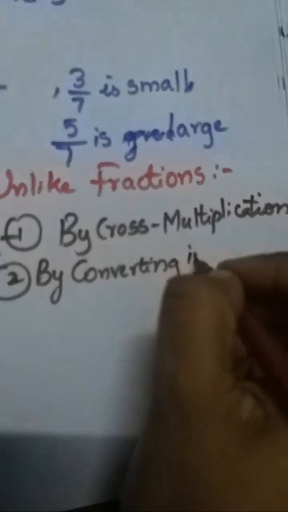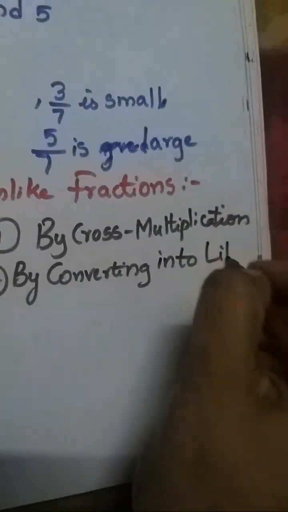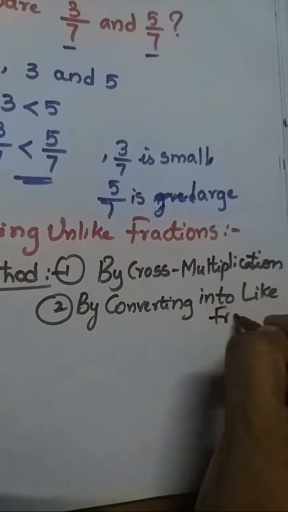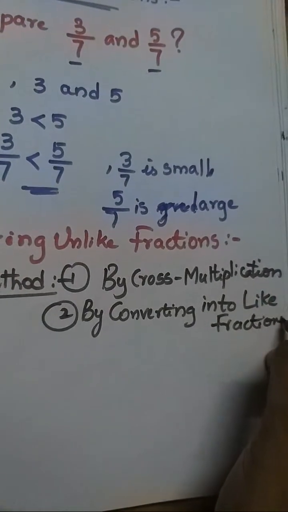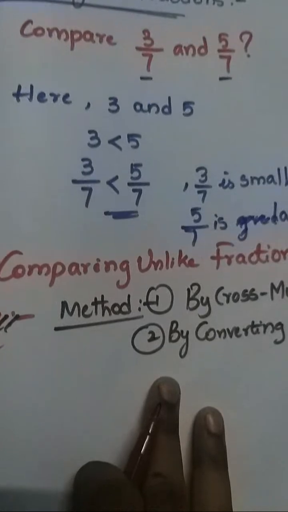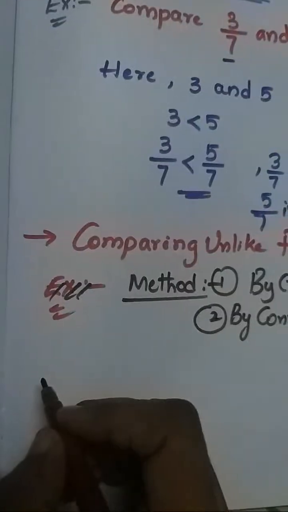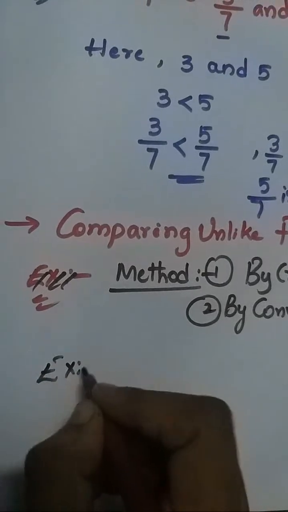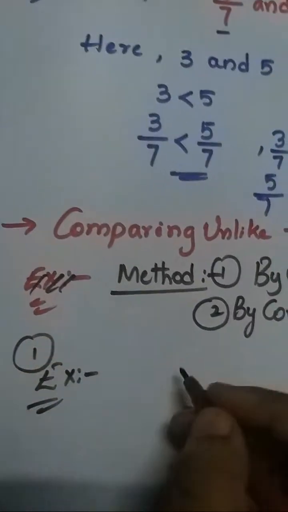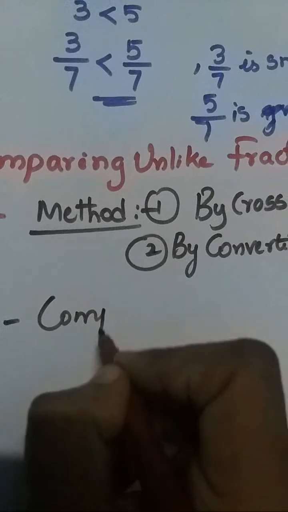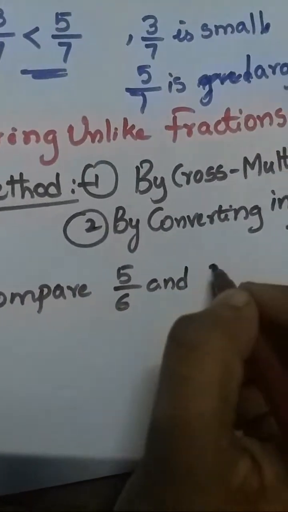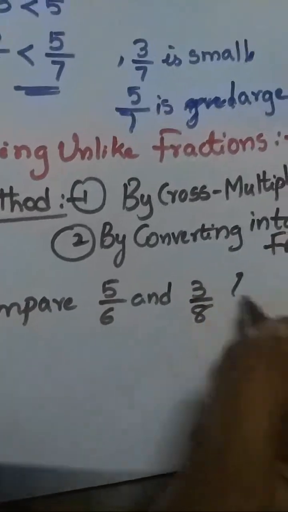These are the two methods we use to compare unlike fractions. First method example: compare 5 by 6 and 3 by 8.